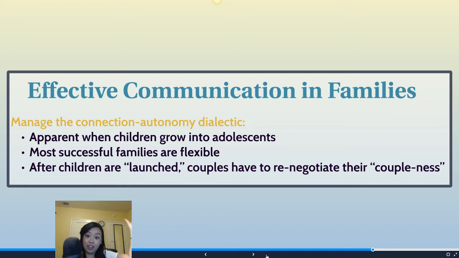We call that launching, which is why I put it in quotes here. This is when couples, now that the child has left the home, have to figure out how to be a couple again, because they've lived probably a couple decades just being parents, with that being the primary identity. And now they have to figure out how to just be a couple again.